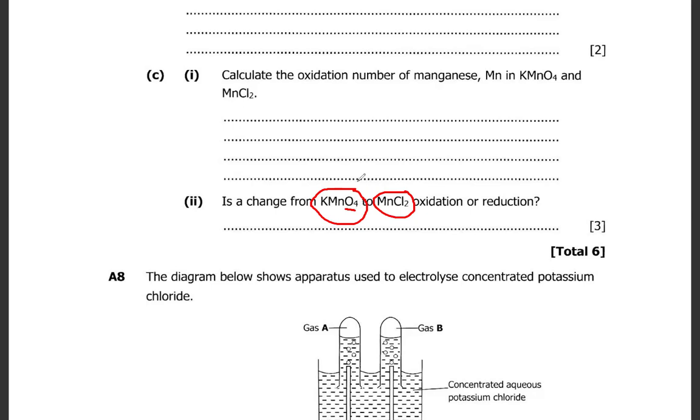So because there was loss of oxygen, this reaction is called reduction. It's a reduction because there was loss of oxygen. The potassium permanganate has got oxygen with it, the molecule, but the manganese chloride, you can clearly see that there is no oxygen.